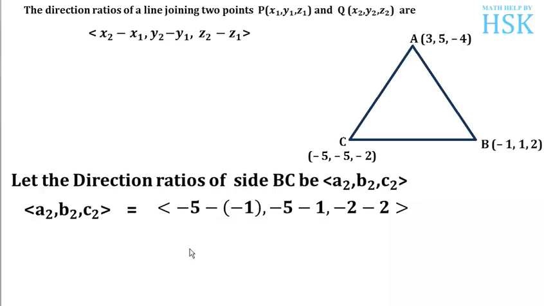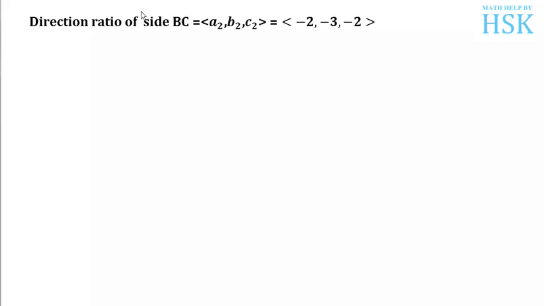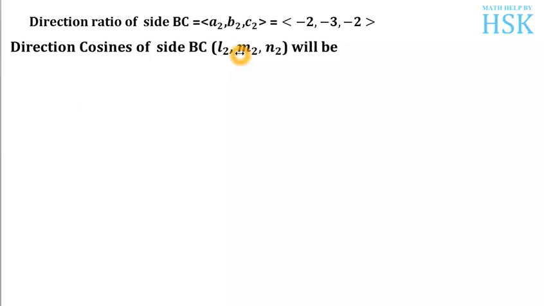So this will be equal to minus 4, minus 6, minus 4, or minus 2, minus 3, minus 2, that is writing in the simplest form. So again, using the direction ratios of the side BC, we can write the direction cosines of the side BC, assuming that it is equal to l2, m2, n2.